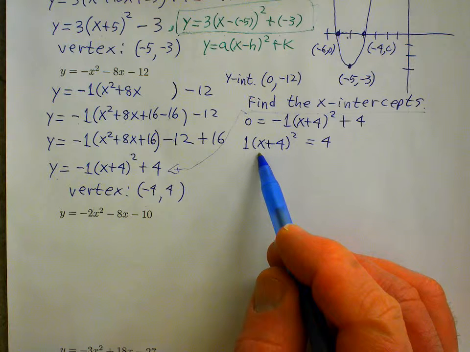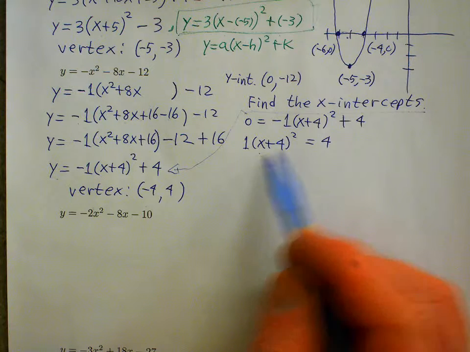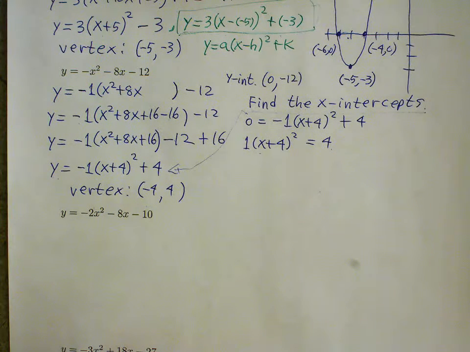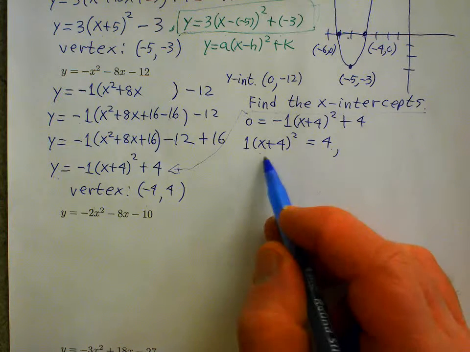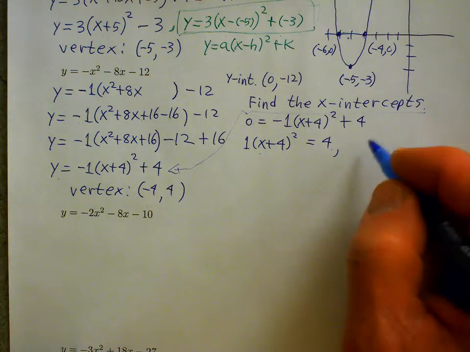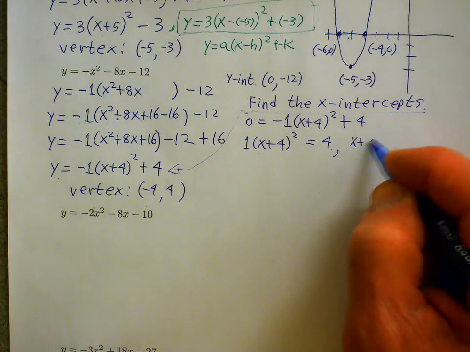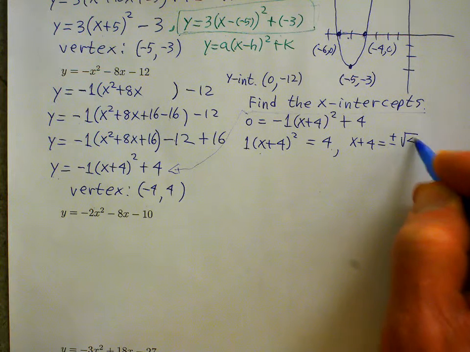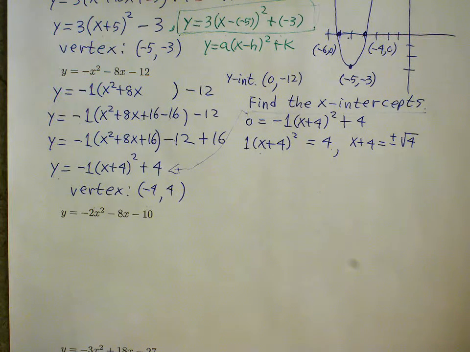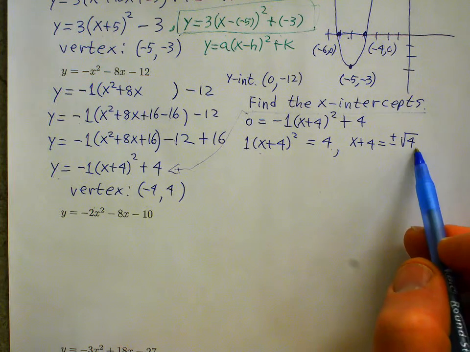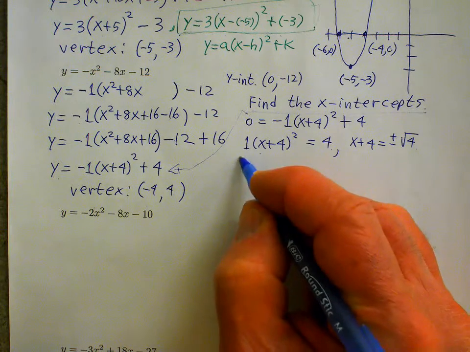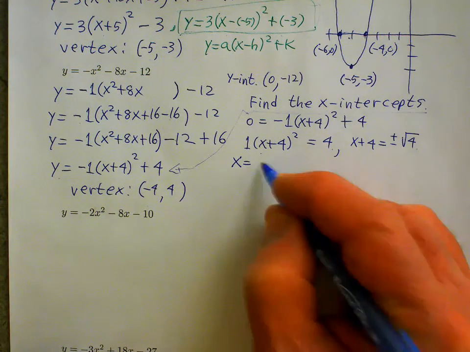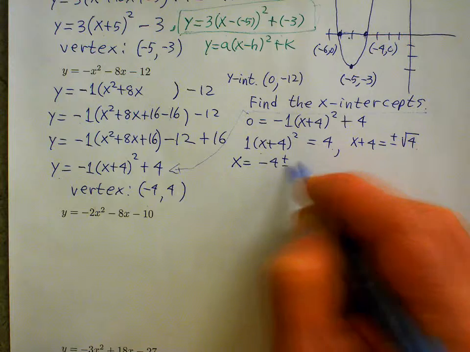But if we have x plus 4 quantity squared equals 4, we can use the square root property to solve. So x plus 4 quantity squared equals 4, we write x plus 4 equals positive and negative square root of 4. The square root of 4 simplifies to 2, so we can write x equals negative 4 plus and minus 2.